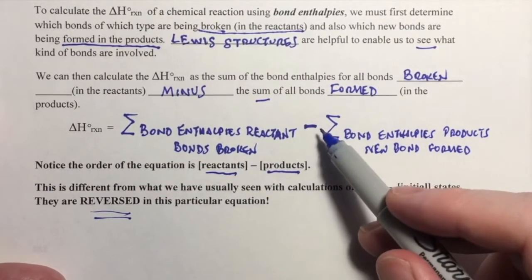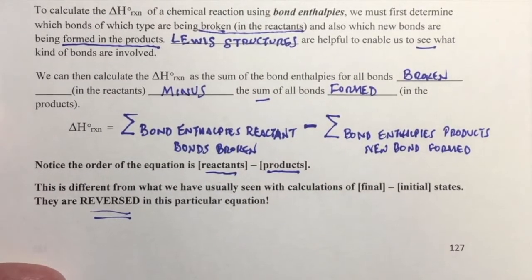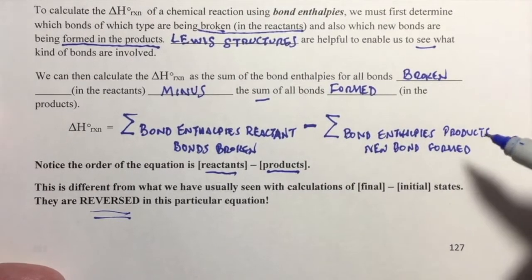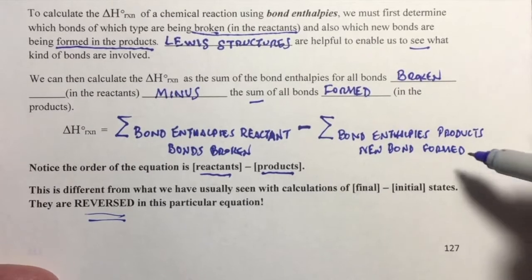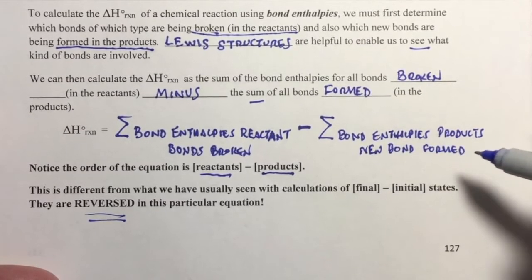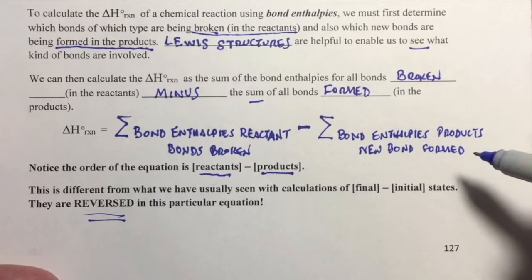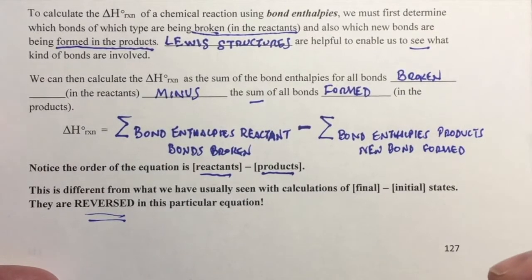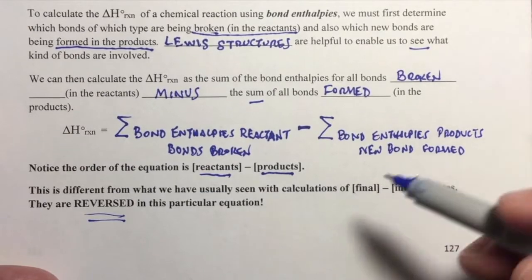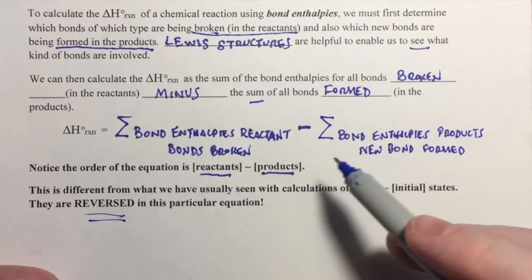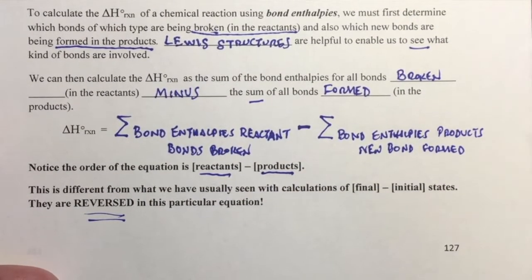Initial bonds minus final bonds. Okay? So be very careful about that. That is the source of a major mistake that students make on this specific problem. On other types of enthalpy calculations, it's final minus initial. But on this one, reactants minus products, okay?